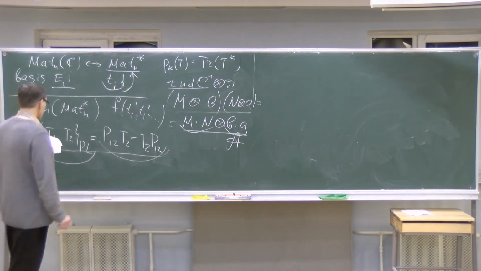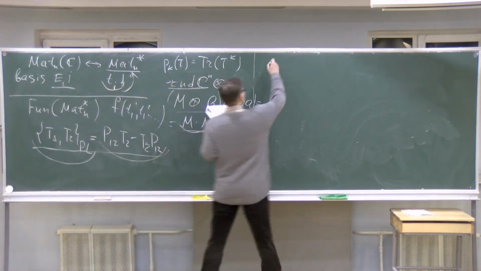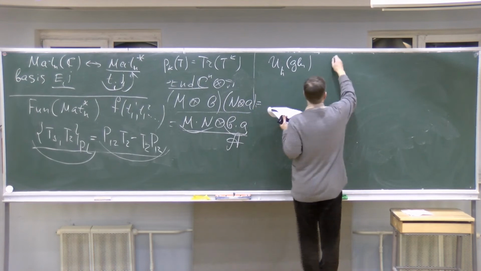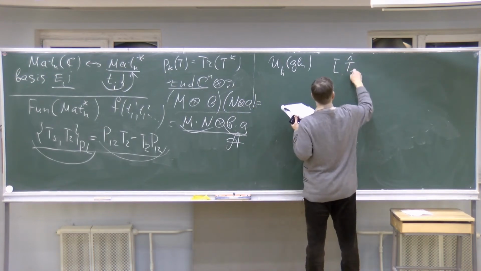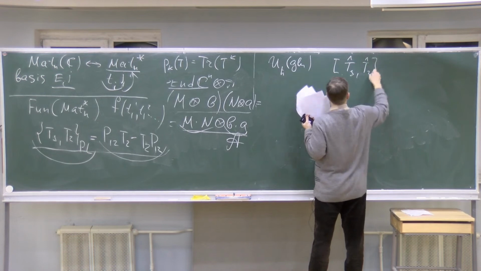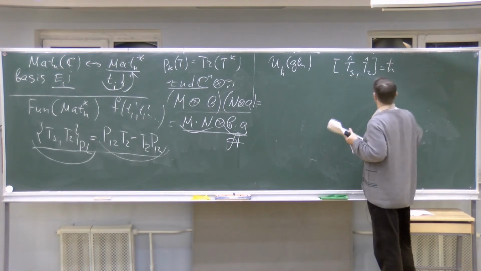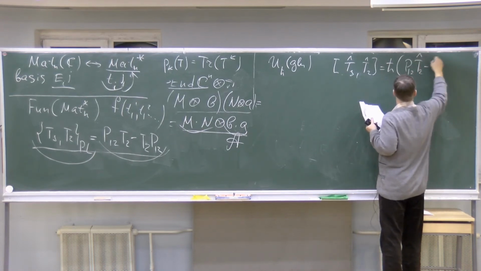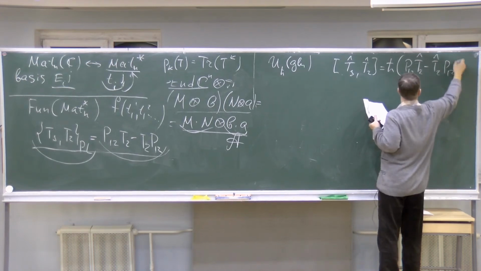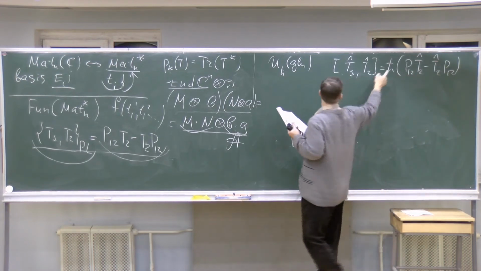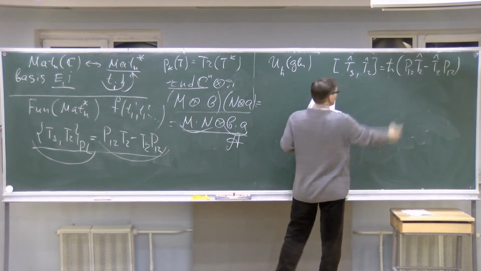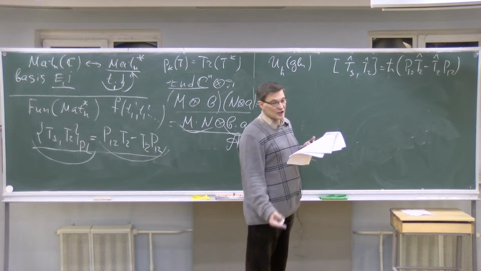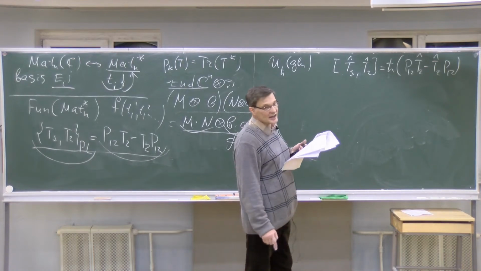So when quantizing this Poisson-Lie structure, I just get the algebra GLN. I mean that here we have a commutator of T1 and T2, and here I put some parameter h times P12 T2 minus T2 P12. Since this relation is inhomogeneous, I can always set h equal to 1.